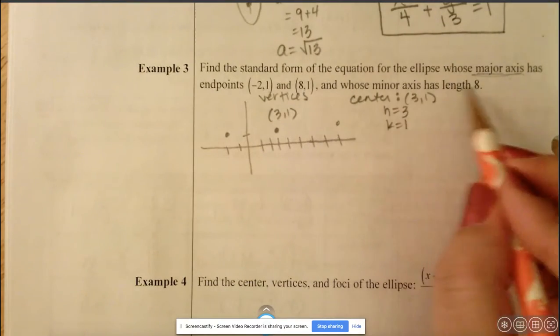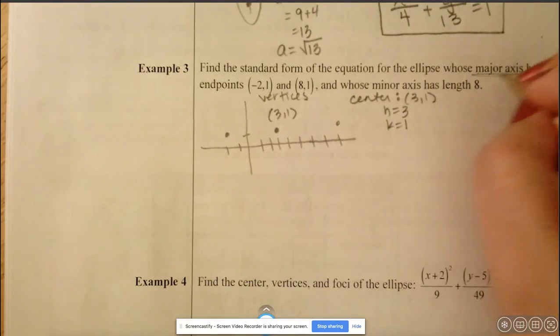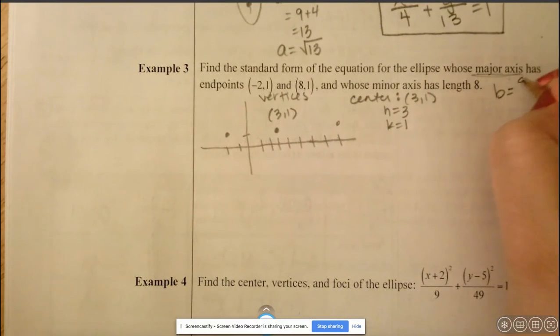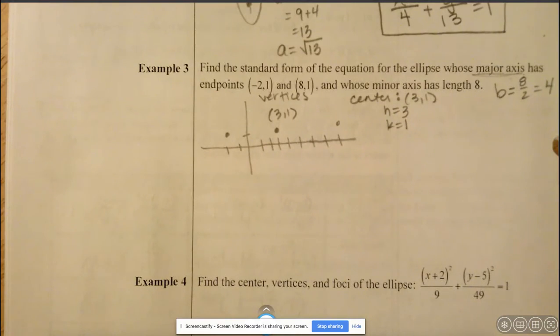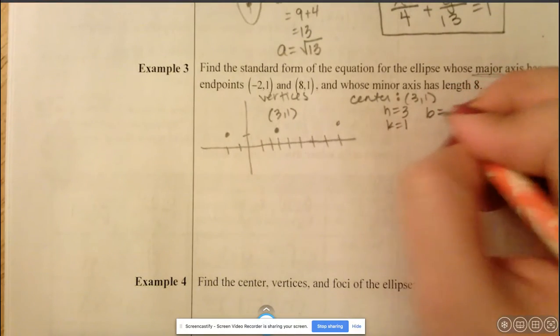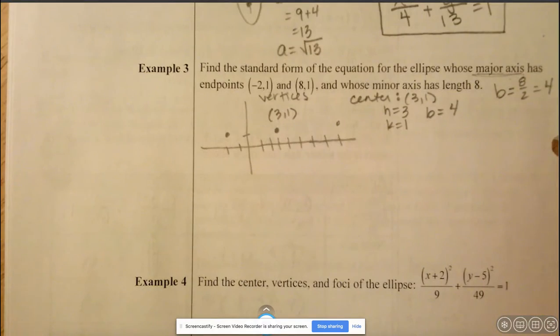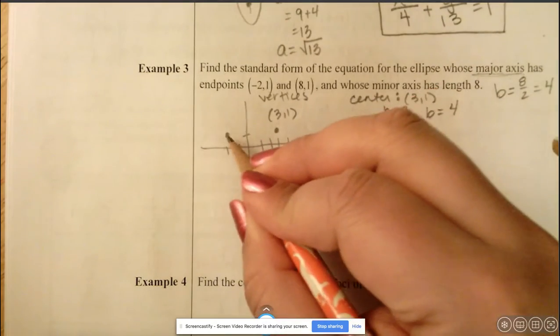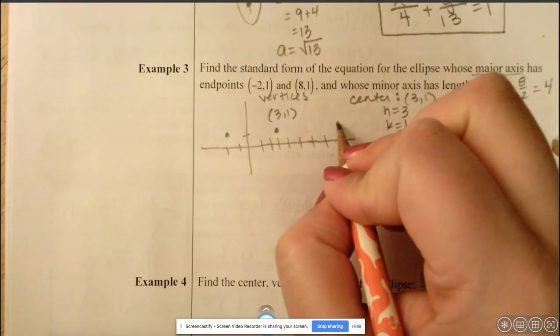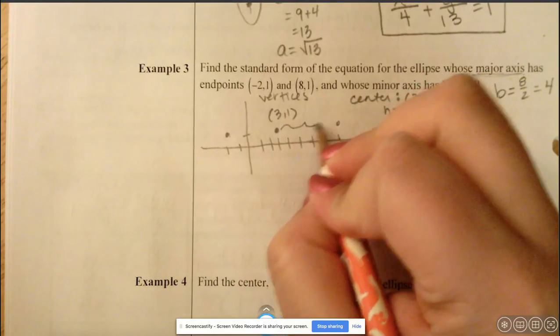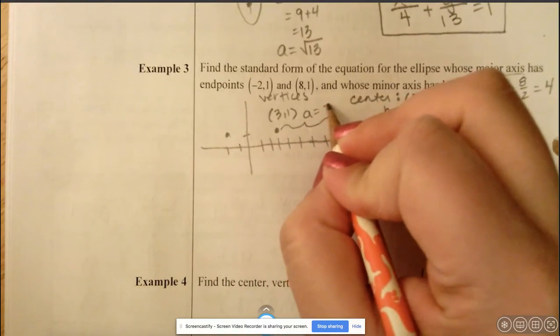Minor axis has a length of 8, which means that B, my semi-minor axis, is 8 over 2, which is 4. B is 4. A, we also know because we just counted the major axis to have a length of 10, which means A equals 5.